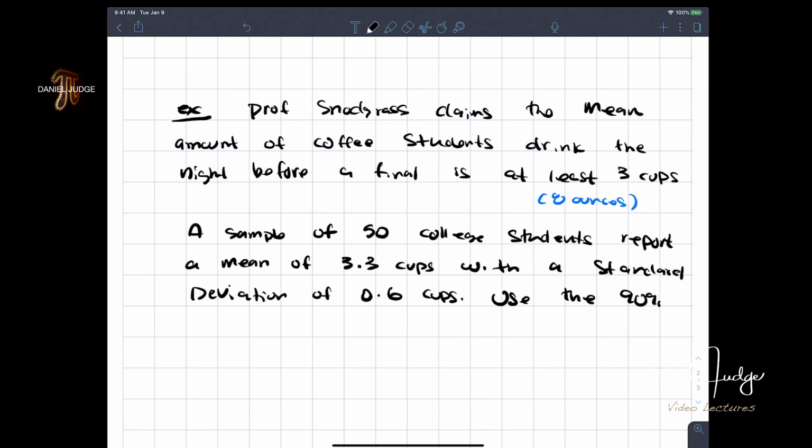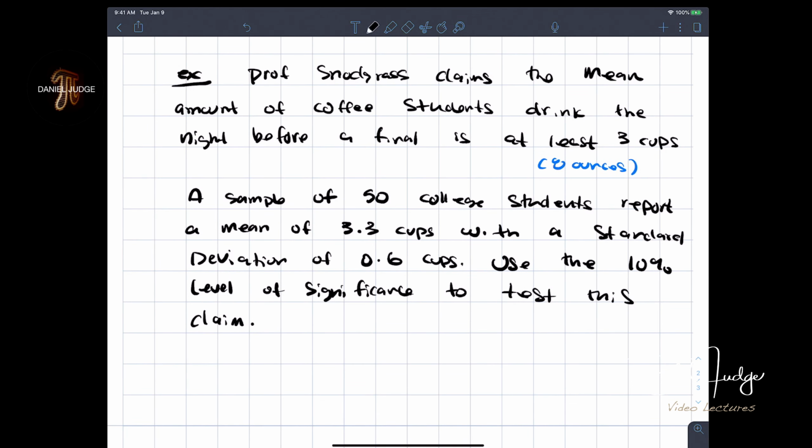Use the 90%, I'm sorry, I made a mistake. Use the 10% level of significance to test this claim.